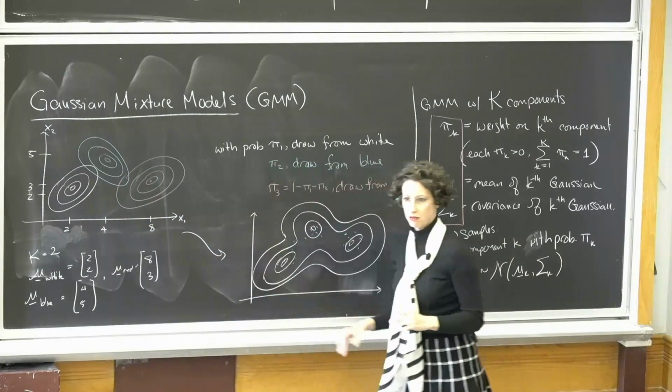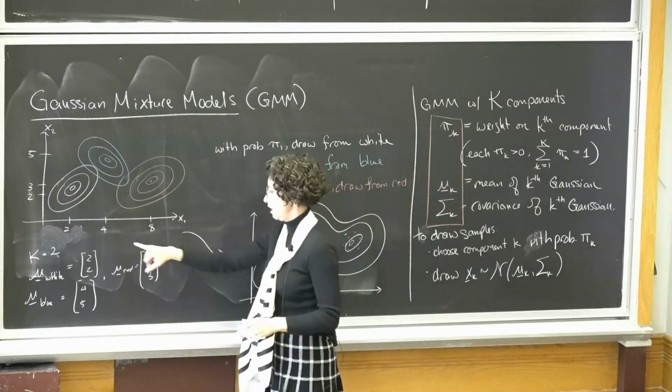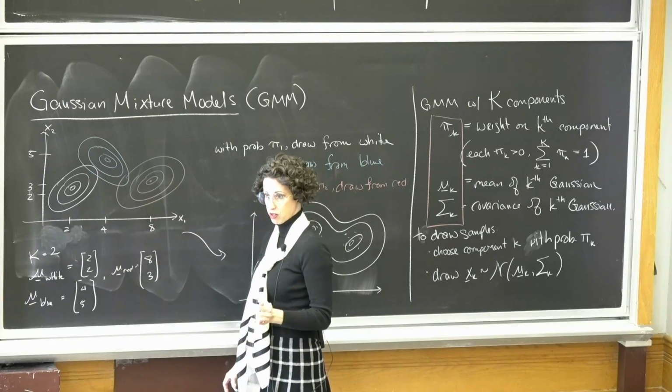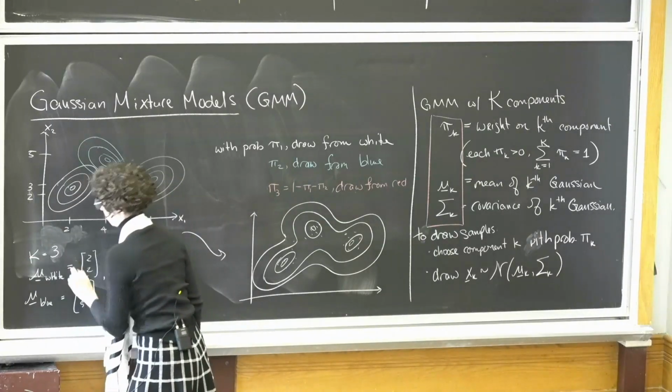I'm not going to write down covariance estimates, but these are the components, and they each have their own separate mean and their own separate covariance matrix. K is 3.